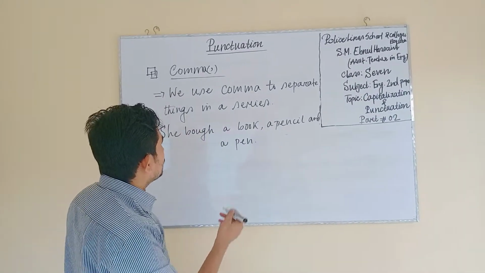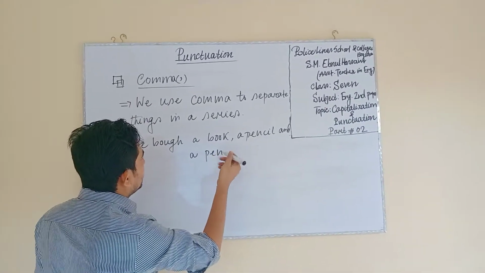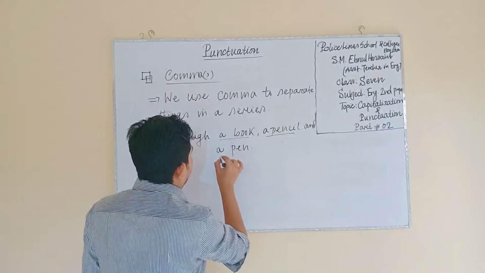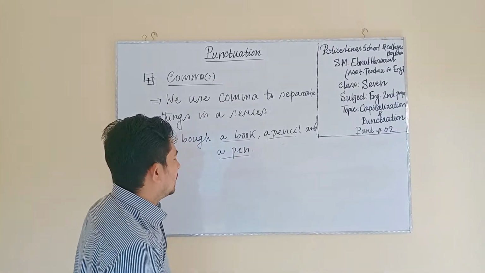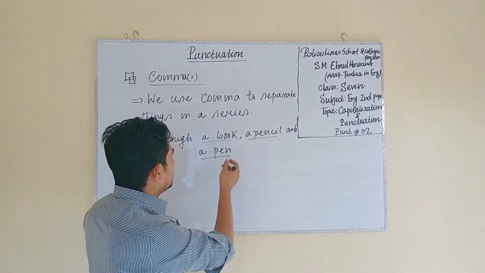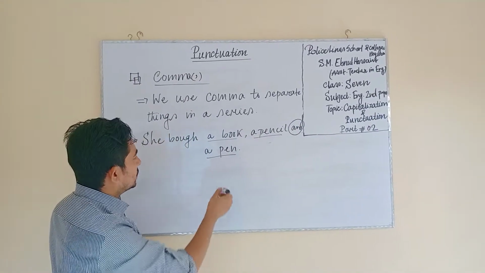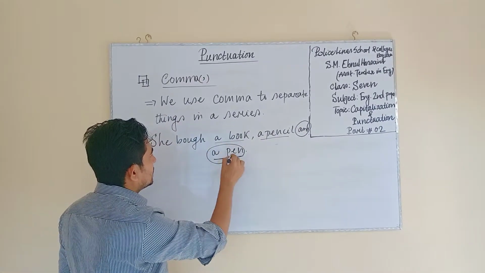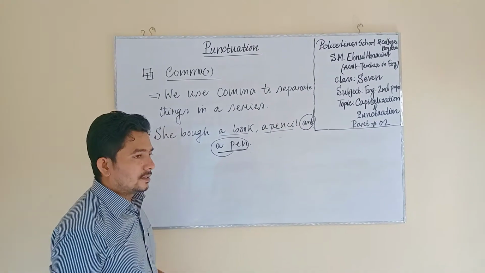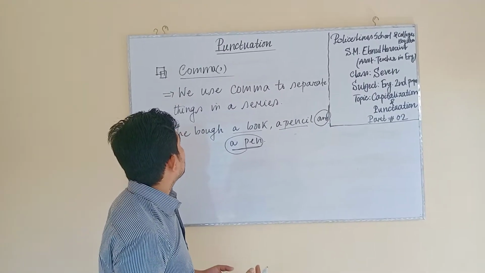The comma is used to separate different items or things in a series: a book, a pencil, and a pen. Notice that before the last element of the series, pen, the conjunction and is used. So we use comma to separate things in a series. This is the major and chief use of comma.